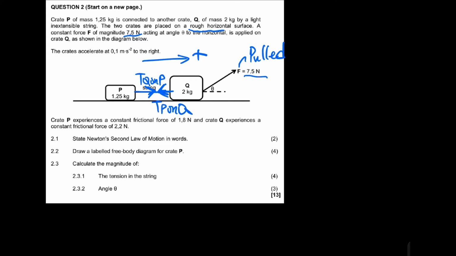That's Newton's third law. Another thing to note is that in this system they accelerate with the same acceleration. The acceleration of crate P is 0.1 meter per second squared, and the acceleration of Q is the same, 0.1 meter per second squared.